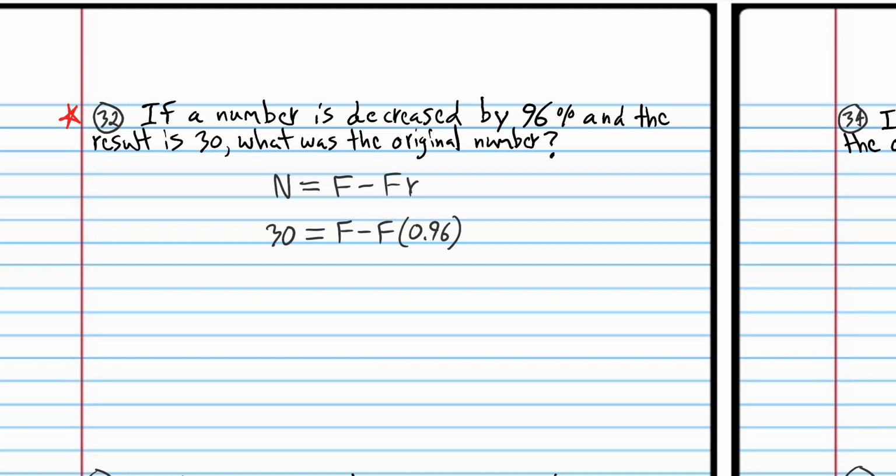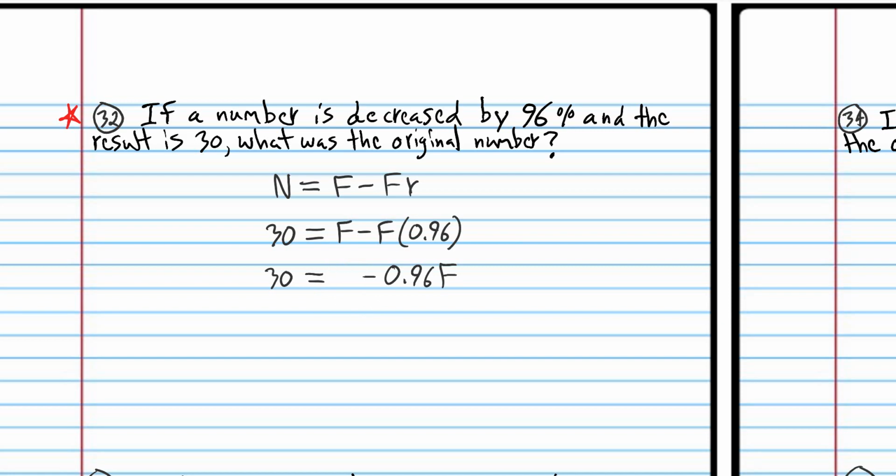All right, so then I'm going to modify that so it looks more normal. So I'm going to put the 0.96 on the left side of F. So now at this point, we can actually go ahead and just combine these f's, because remember here, if you don't have a coefficient in front of the f, that just means one f. It's like putting a 1 right there, 1f, right?